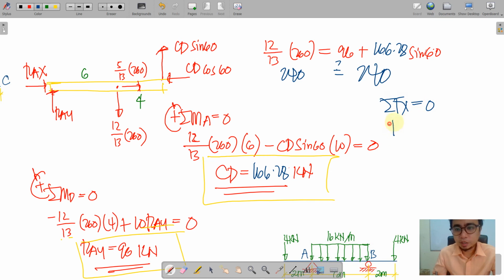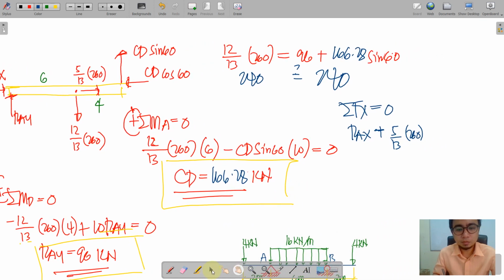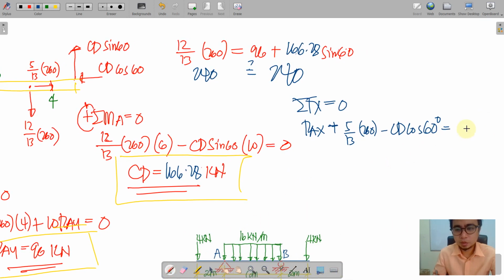So we have a rightwards RAX, a rightwards component of 260, that is 5 over 13 of 260, minus CD cosine of 60 is equal to 0.